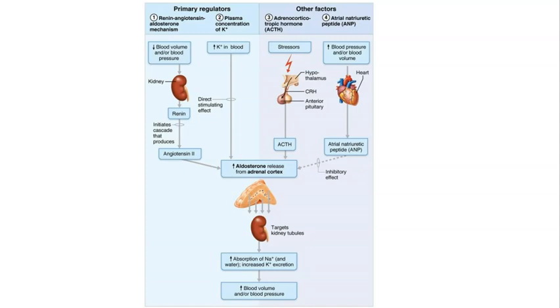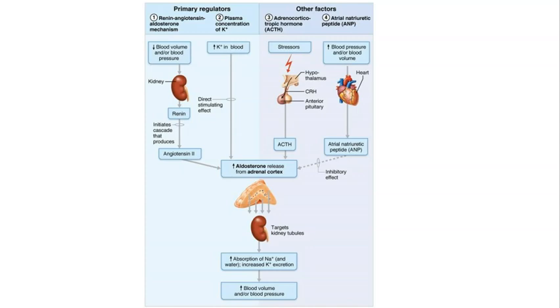So here are the major mechanisms of aldosterone release. And we'll focus on the primary mechanism, because the primary mechanism is the stimulus of decreased blood volume and decreased blood pressure. This is going to activate the renal angiotensin aldosterone mechanism, in which the kidneys will secrete the enzyme called renin, and the enzyme renin will create another enzyme called angiotensin, and angiotensin is the stimulus for the adrenal gland to secrete aldosterone.